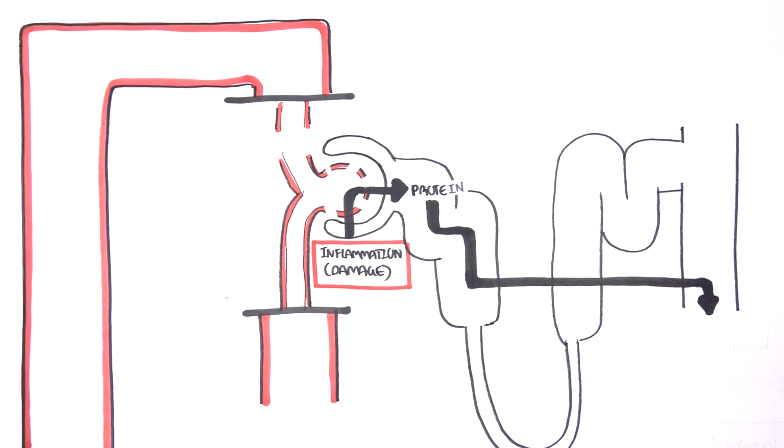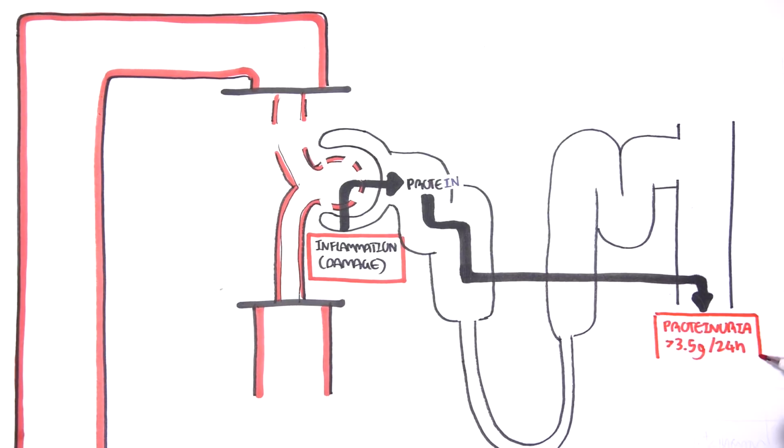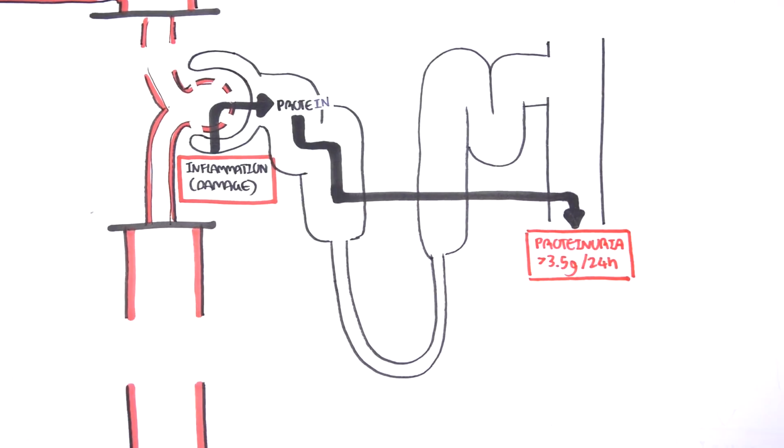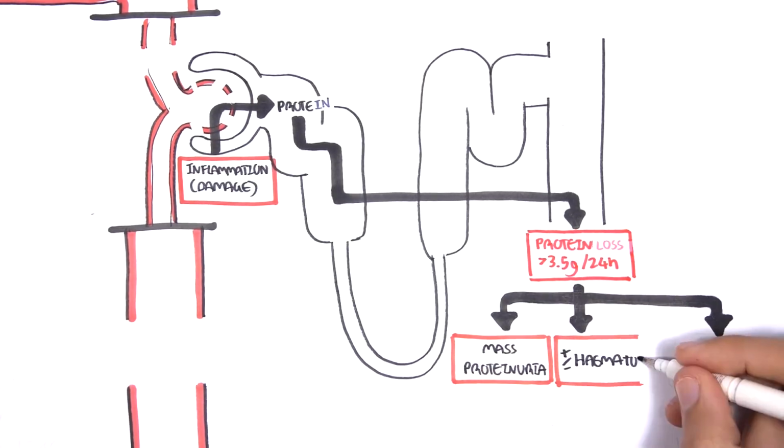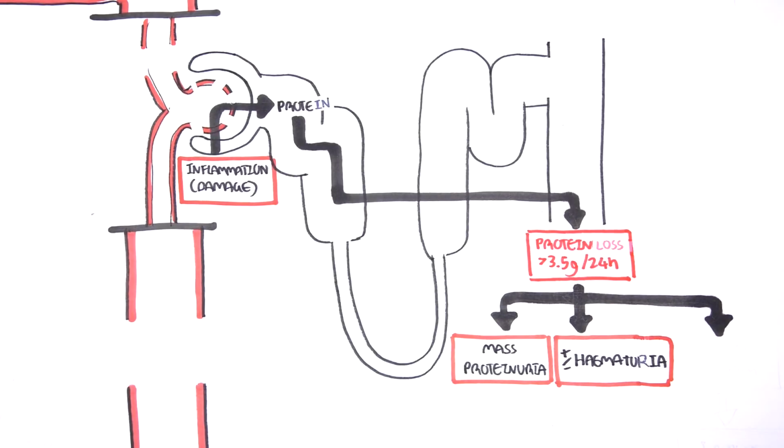And nephrotic syndrome is characterized by protein loss of more than 3.5 grams in 24 hours. This loss of protein results in mass proteinuria, with or without hematuria, which is blood in urine. And this hematuria will essentially depend on how much damage occurs to the glomerulus.